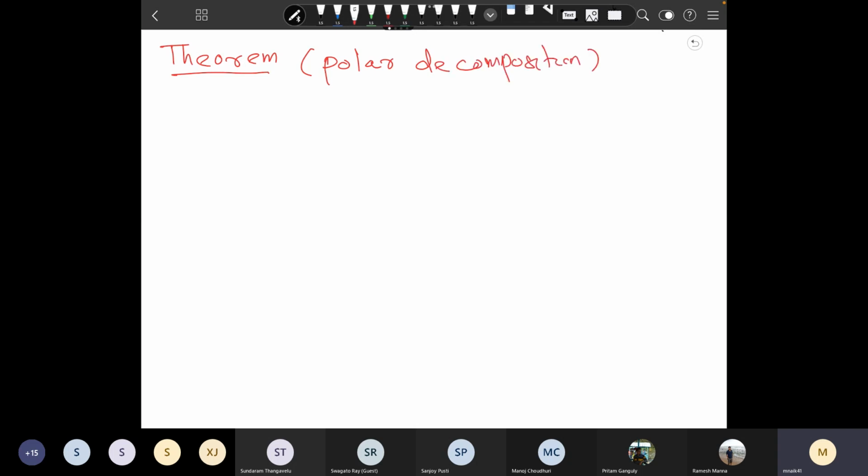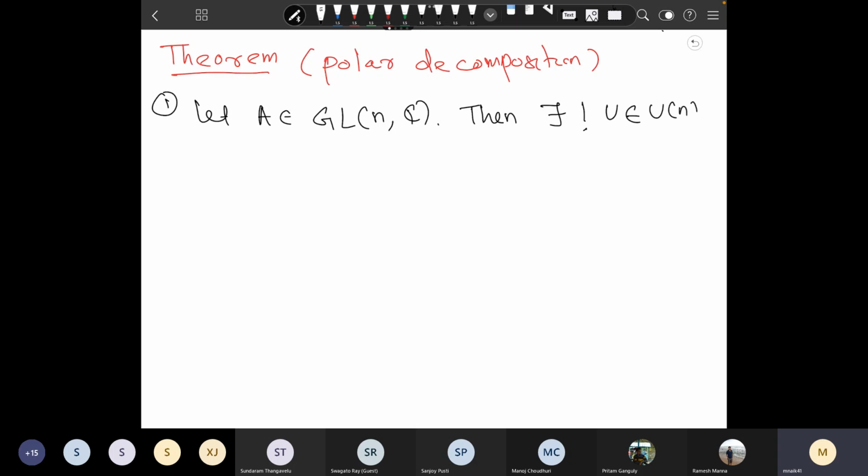Polar decomposition. First, let A belong to GLn(C), then there exists a unique U belonging to Un and P belonging to Pn(C), so that A is equal to UP.